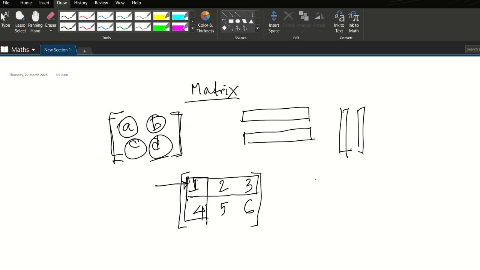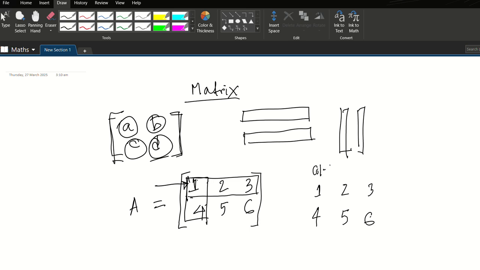If we say this matrix is A, we define it with A. We can say anything if you like. So in the matrix A, if we ask about the first column, then we will say that 1 and 4 belong to the first column of the matrix A. 2 and 5 belong to the second column, and 3 and 6 belong to the third column.